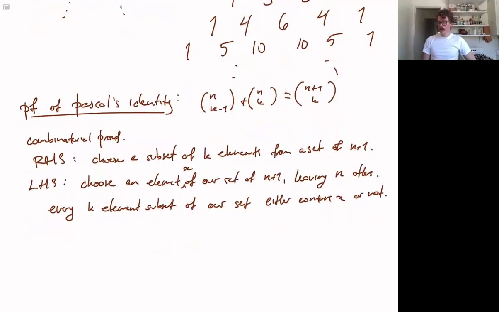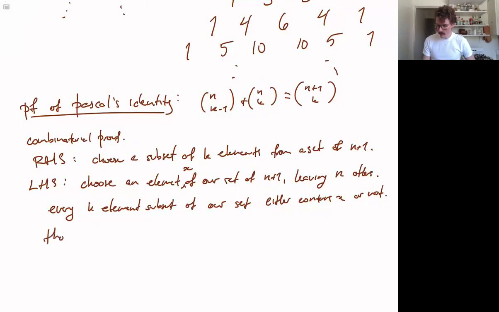So we can find the number of k element subsets by counting them in these two different categories. And notice that there is no overlap. You cannot both contain x and not. So these are going to be totally separate, and we will use a straightforward sum rule to add them together.